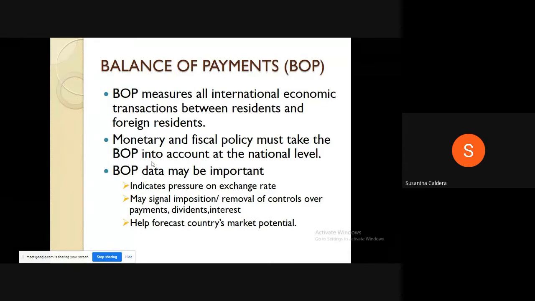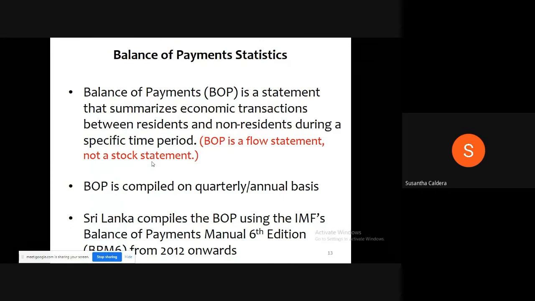Okay? So all these things are a combination of this balance of payment data. Balance of payment statistics: a balance of payment is a statement that summarizes economic transactions between residents and non-residents during a specific time period.